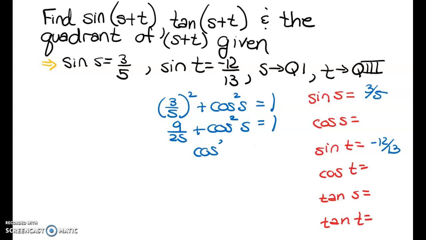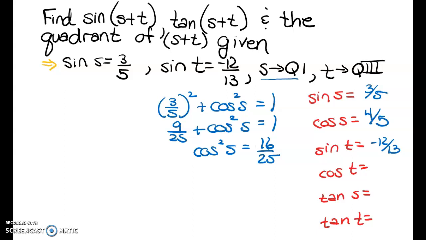So cosine squared of s is going to be 16/25. Now I need to make a decision. When I take the square root, do I want the positive or the negative? It tells me that s is in Q1, so I definitely want the positive. So my answer is going to be 4/5 for cosine.